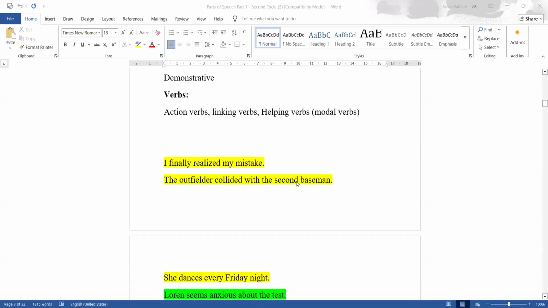Now we move on to verbs. Verbs, we know, are about actions, about what things are being done. Three main parts come here: action verbs, linking verbs, helping verbs. There are three kinds of verbs that exist. What are action verbs?